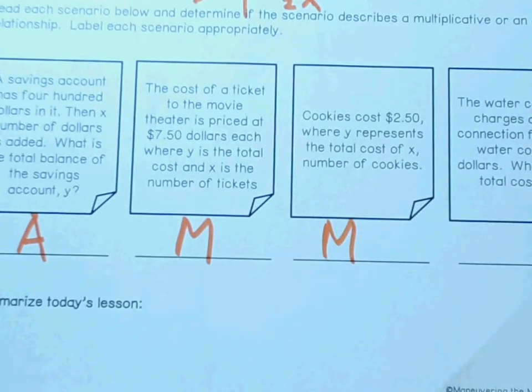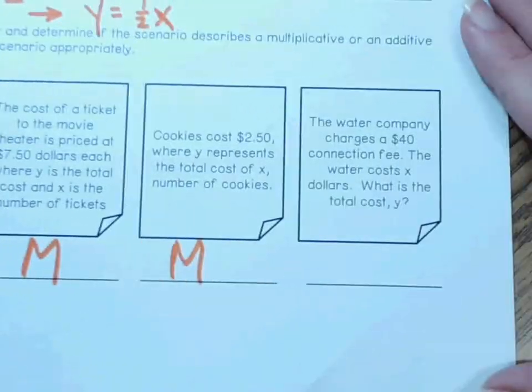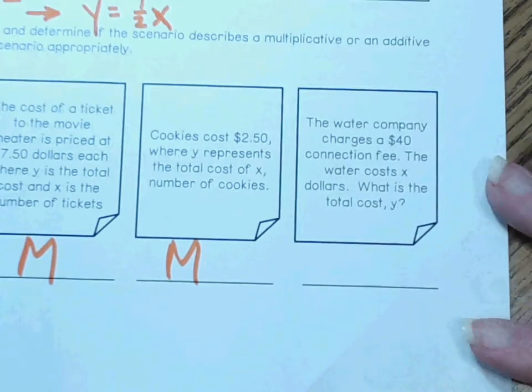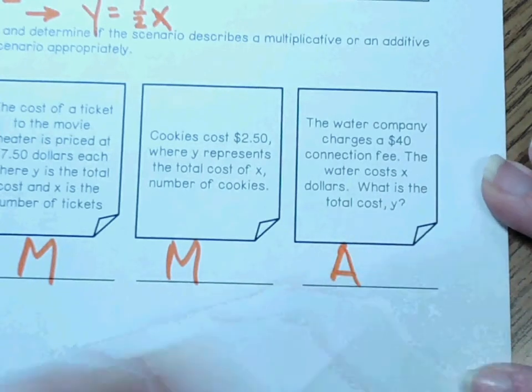I multiply how many boxes of cookies I want times 250. And the last one, the water company charges $40 connection fee. The water costs X dollars. What is the total cost?